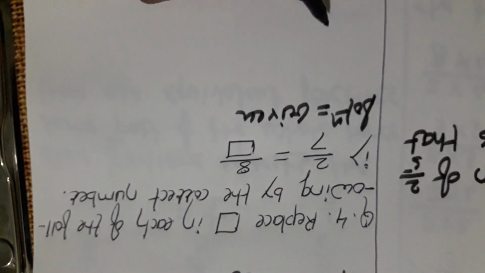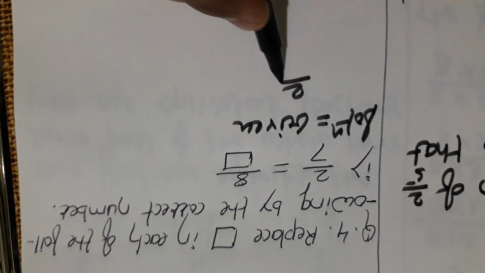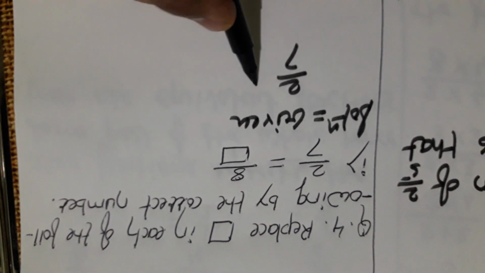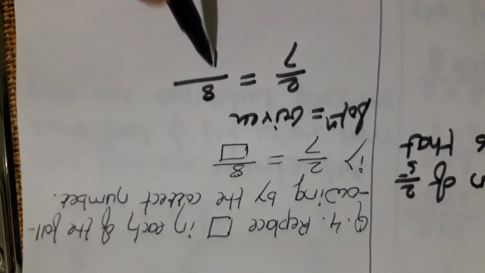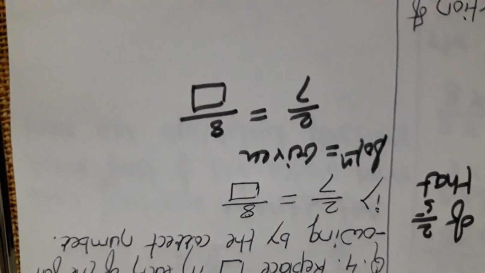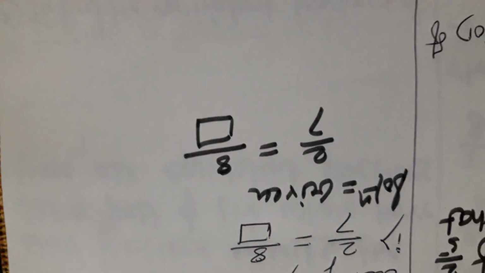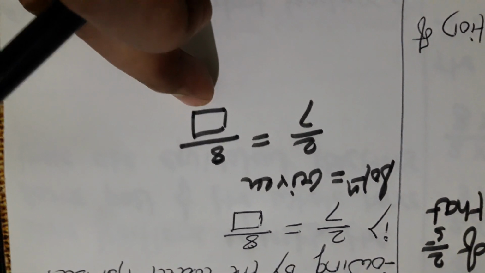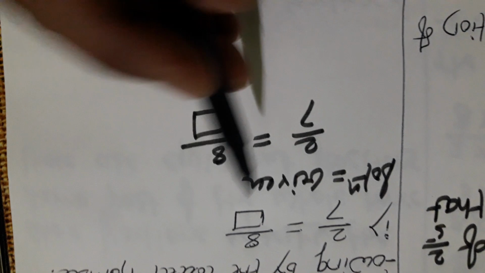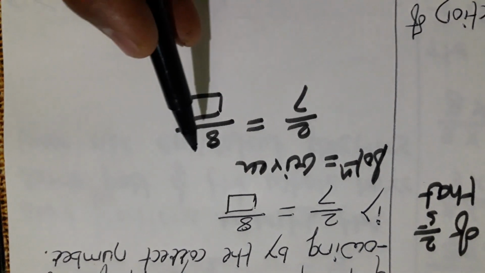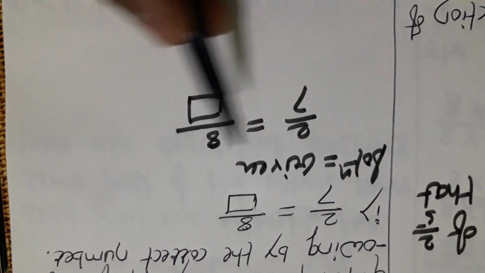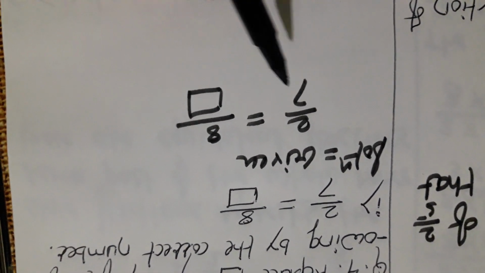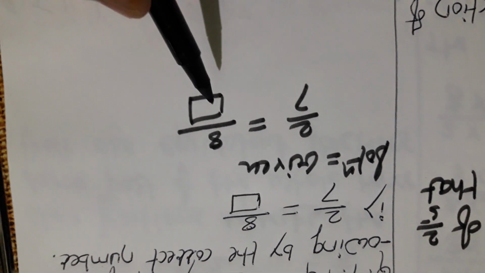Okay. What is given? 2 upon 7 is equal to 8 upon box. Now think over here. Which number will come in this box? How are we going to think? Look here. For that thinking purpose, you have to think about the numerator first of all, because here in the denominator a blank space is there.